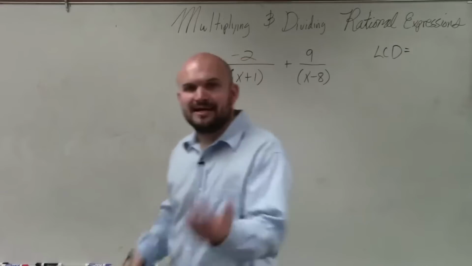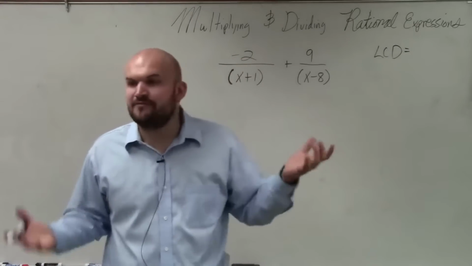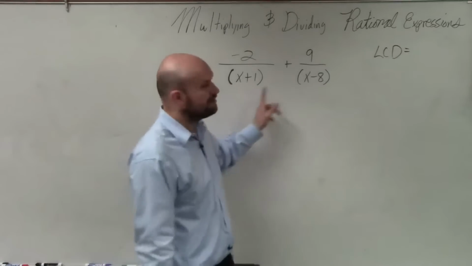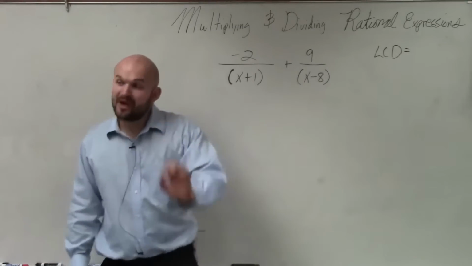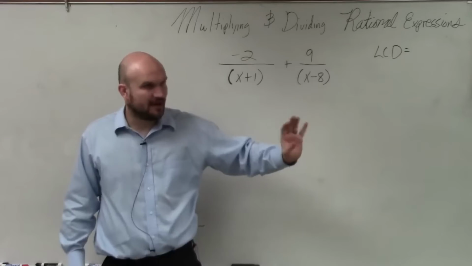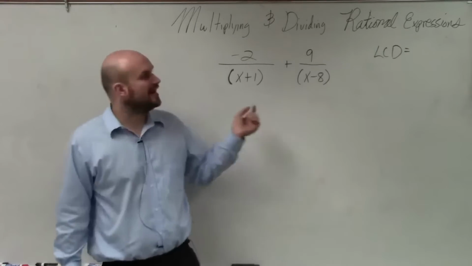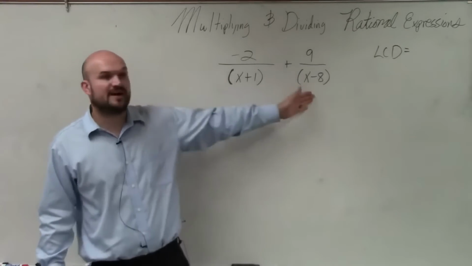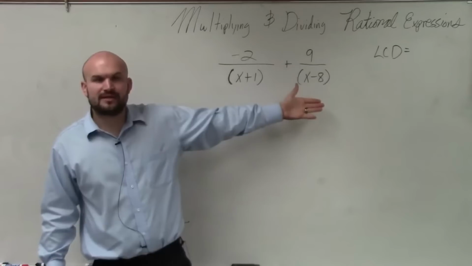Now, as I mentioned, the easiest way to form the LCD is to multiply your two denominators. However, I will caution you that's not always going to be the case. When you have two denominators in simplified form, that more than likely is going to be the case.